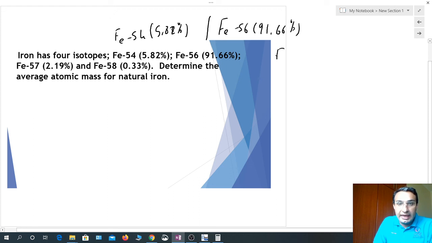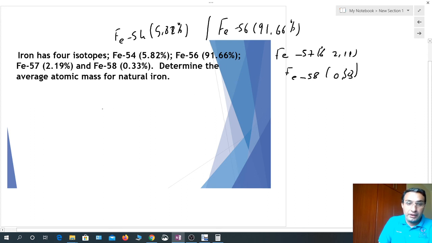Another one is iron with 57 atomic mass, with an abundance of 2.19. And finally, the iron which has 58 atomic mass has an abundance of 0.33.